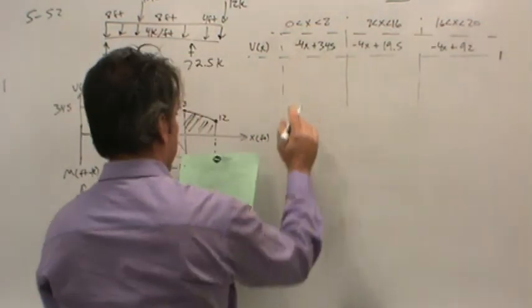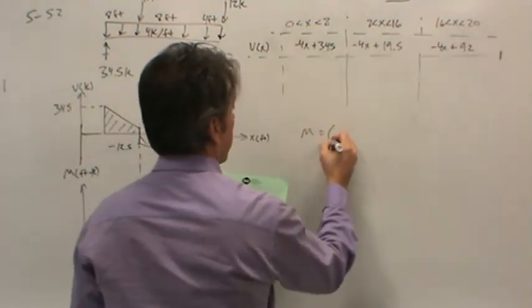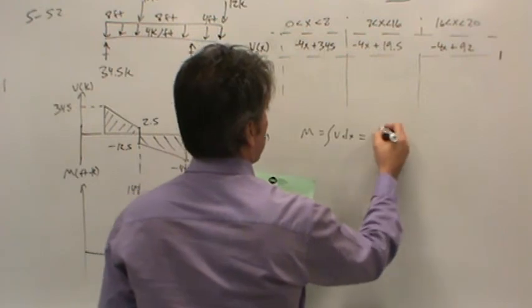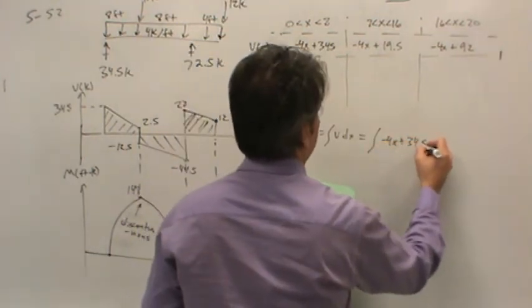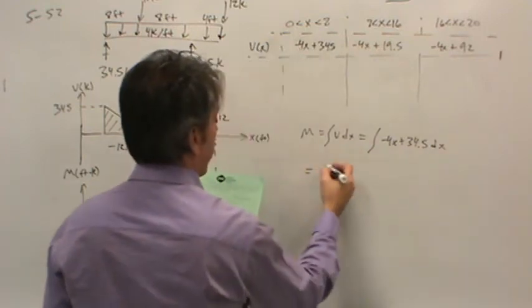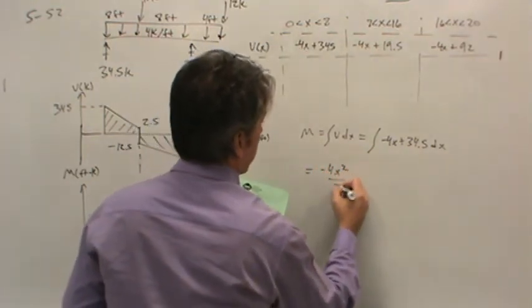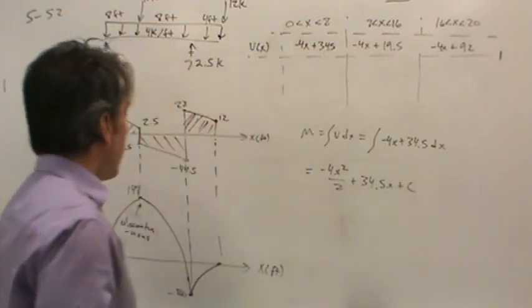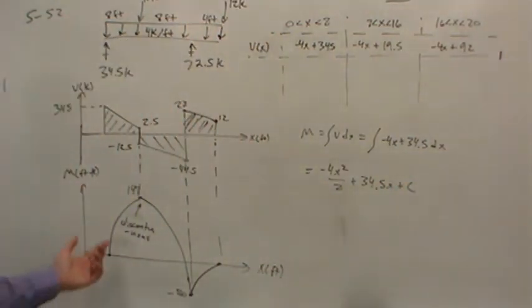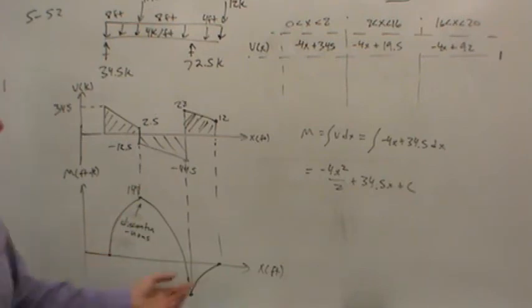So let's work on this one first. The moment is the integral of the shear, and so this would be the integral of -4x plus 34.5 dx. When you do the math, -4x squared over 2 plus 34.5x plus some constant. Well, now we have to plug in the limits. We're working between here and here. So you can plug in x equals 0.